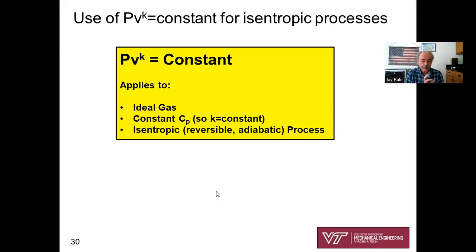I'm going to chase you back to your textbook, your class notes, your professor, where you've got this familiar thing, I hope, in your head: for an ideal gas with constant specific heat undergoing an isentropic reversible adiabatic process, the result is PV to the K equals constant. We're going to exploit that for our two isentropic processes.